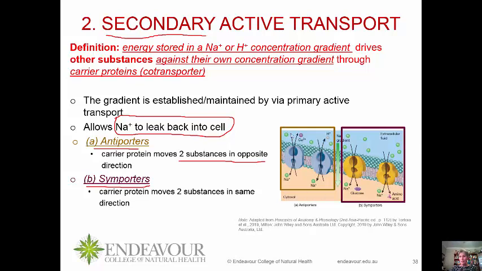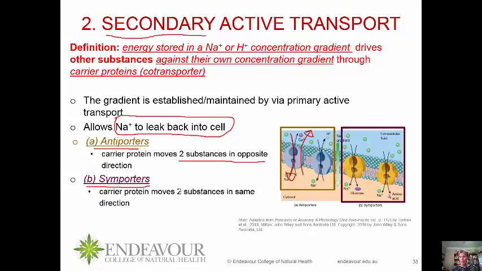So you can see here sodium coming back into the cell, it's leaking back in, because that's the way it naturally goes, from high concentration to low concentration. But now we need to pump calcium out of the cell against its concentration gradient. And it does that through a carrier protein called an antiporter. Anti, one going one way, the other going the other way.